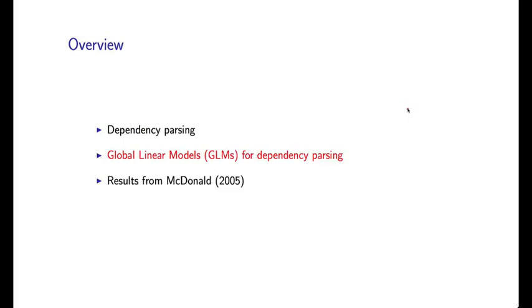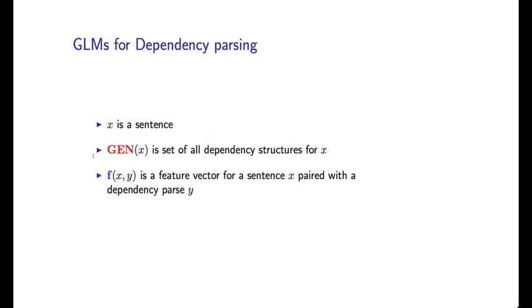So now let's describe how global linear models, GLMs, can be applied to dependency parsing. Throughout this section, I'll take x to be a sentence. So x is going to be a sequence of words, x1, x2, up to x sub n.